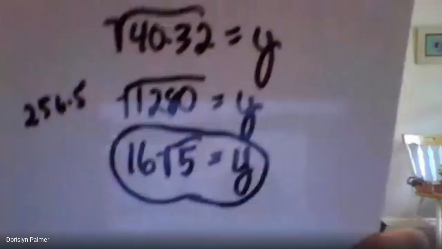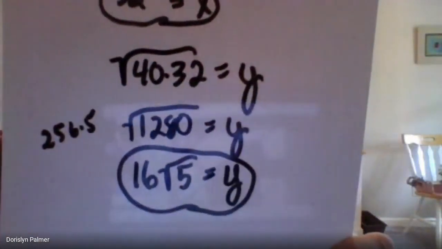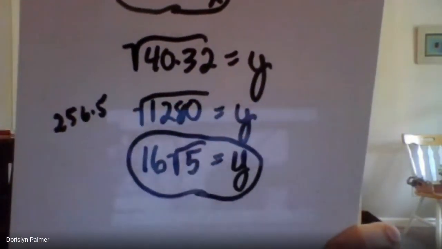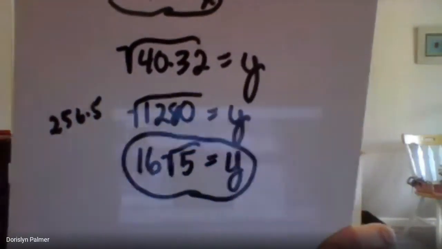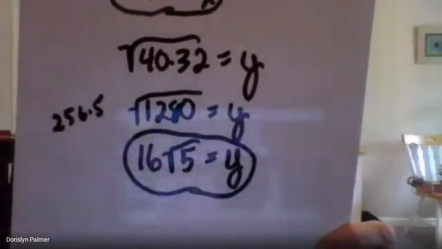Otherwise, we'd have to figure out that 1280 is 256 times 5. I'm going to write that up there so you guys can copy it down if you didn't get that part for y. How about z, Luke? Then what did you do?